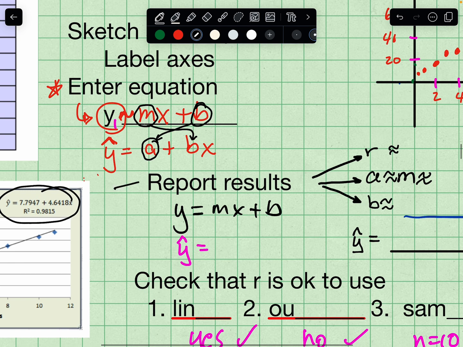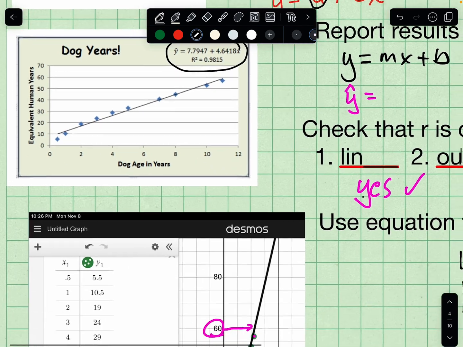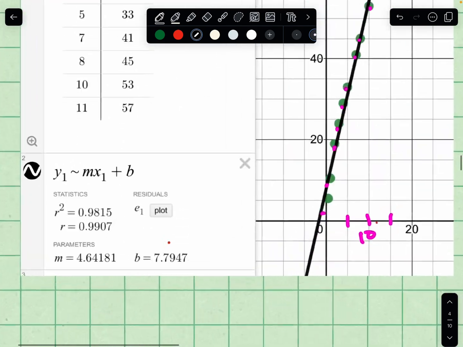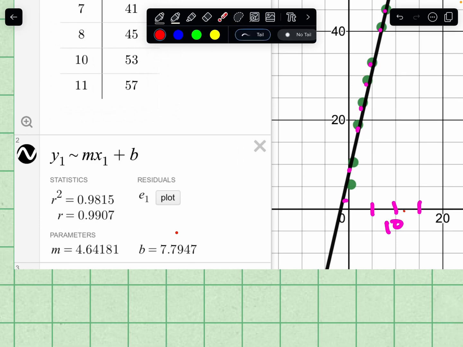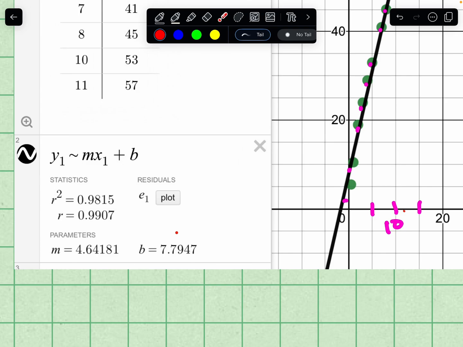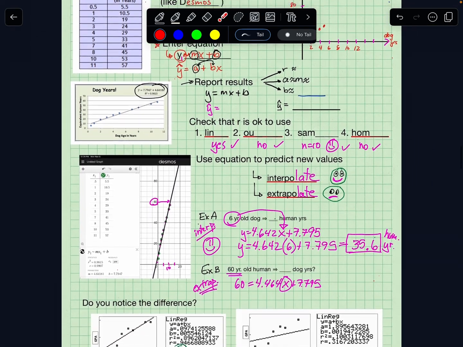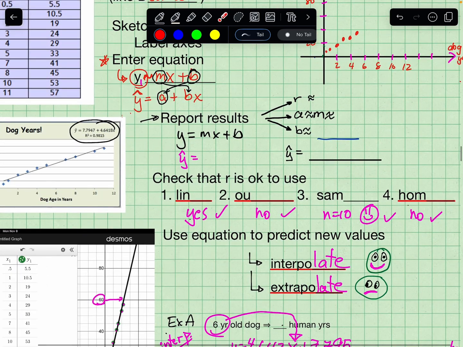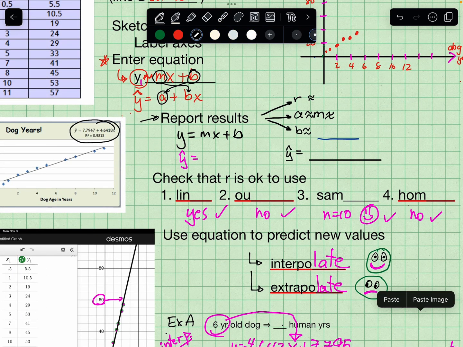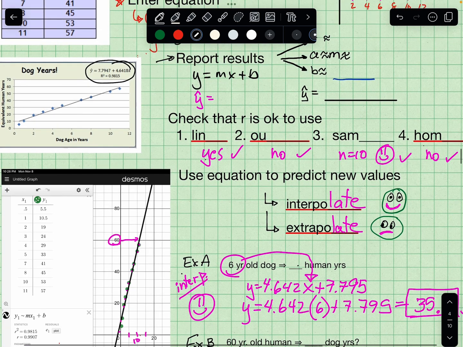We want to report our results. So the first thing we'll want to do is write the equation out. Let's write down our values. So again, notice how we have M and B and R. Okay, so those are the numbers that we're going to report and use. And I've got to get them all on one page. All right, so here, R is something like 0.9907.